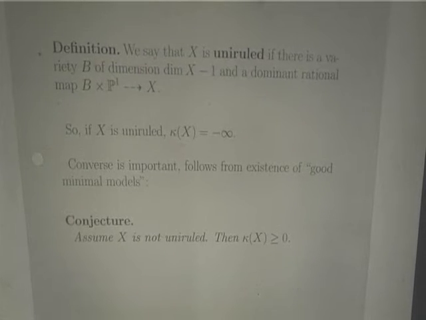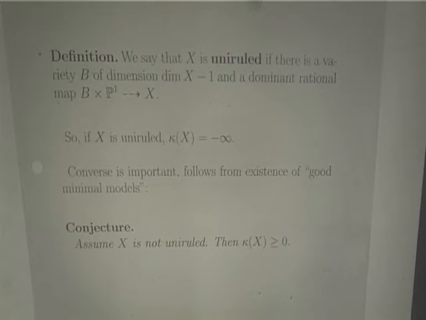It's part of the sufficiently enlarged minimal model program, which I will discuss later in this course. And the conjecture is that this is an if and only if. The only way a variety can fail to have any differential forms whatsoever, canonical and pluricanonical differential forms whatsoever, is if it's covered by rational curves.